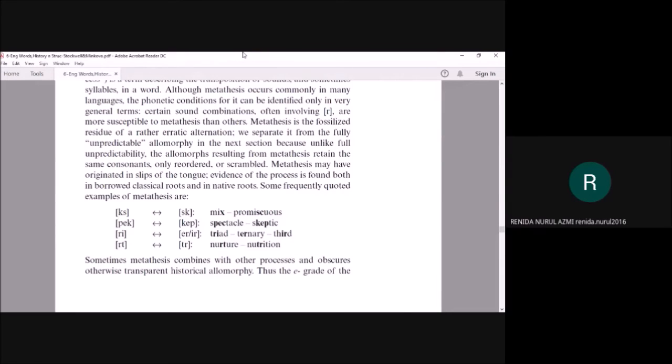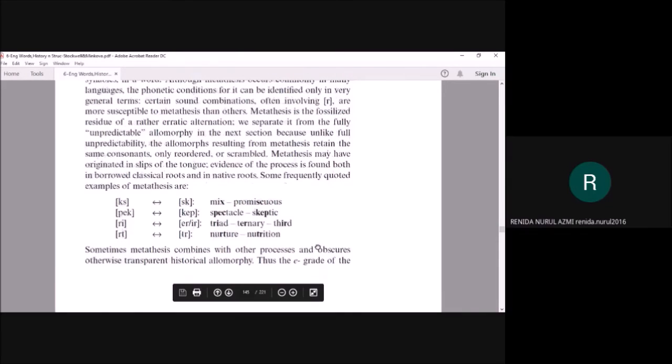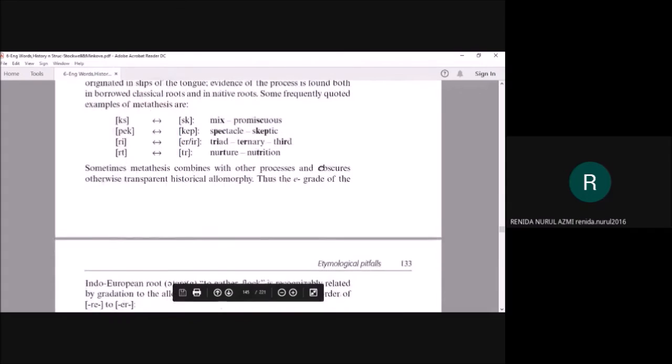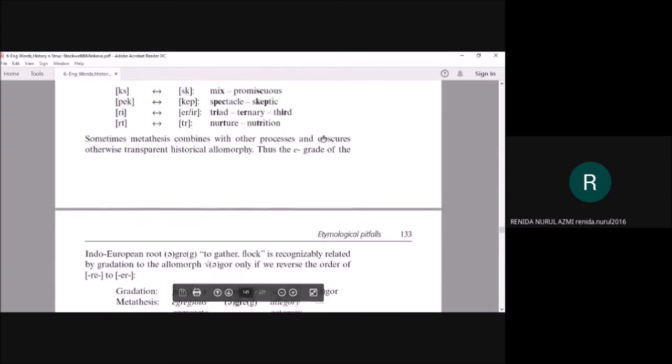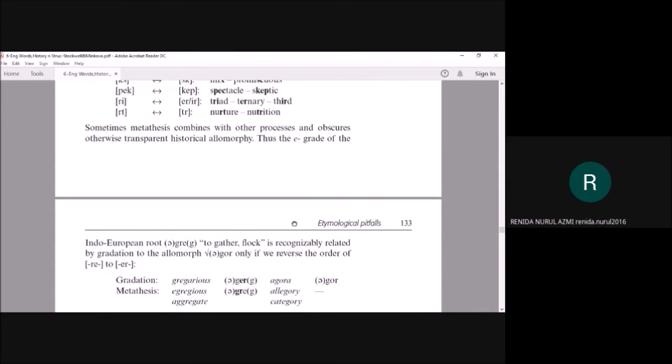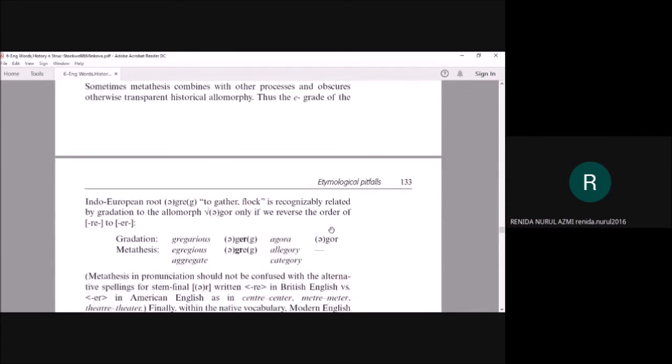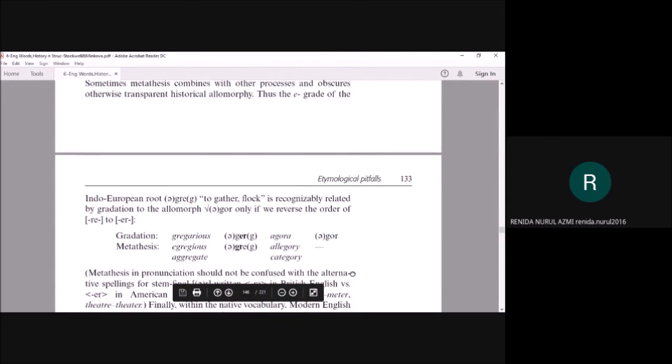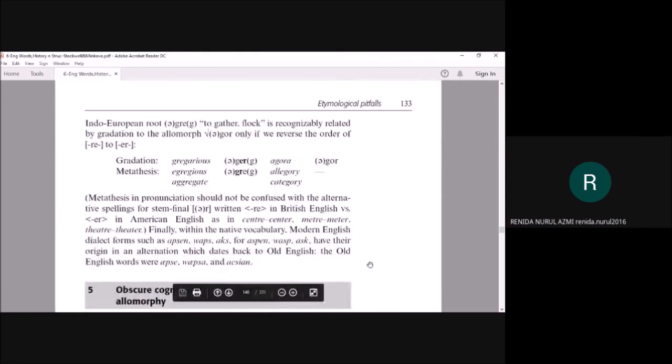Some frequently quoted examples of metathesis are mixed, spectic, triad, nutrition. Metathesis in pronunciation should not be confused with the alternative spellings for stem-final endings written in British English.